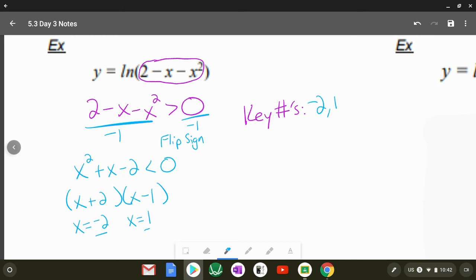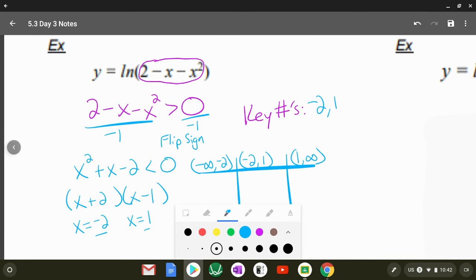Well, our key numbers are the x values that cause that inequality to be 0. So we have to set up our intervals around those key numbers to see which parts cause that left side to be positive or negative. So we have -2 to 1, and then 1 to infinity.